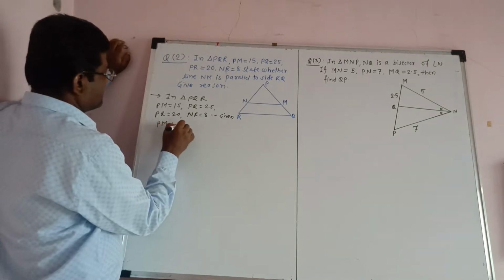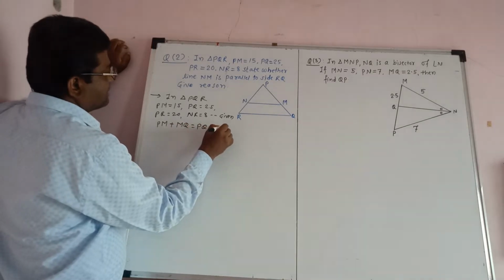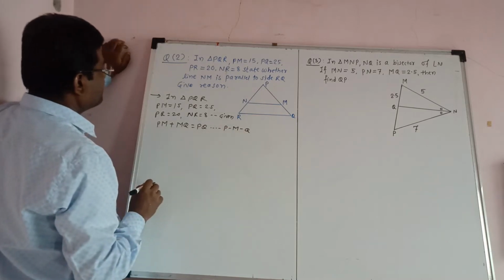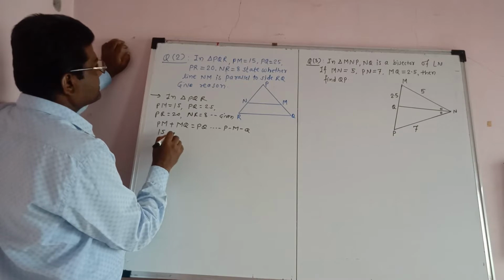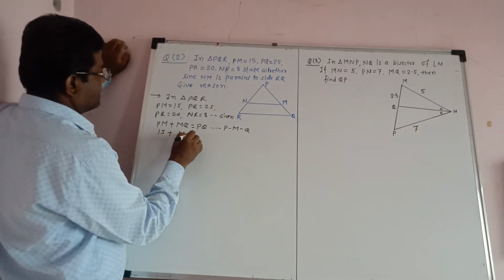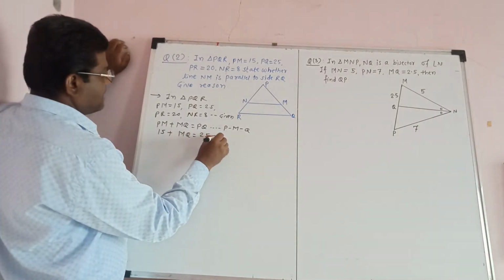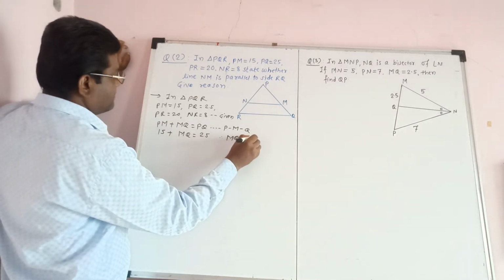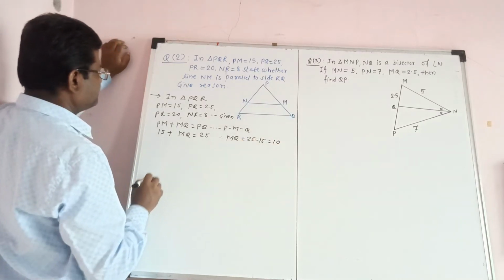The reason is P-M-Q. Put the value of PM, 15, plus MQ is equal to PQ, which is 25. Therefore MQ is equal to 25 minus 15, is equal to 10.